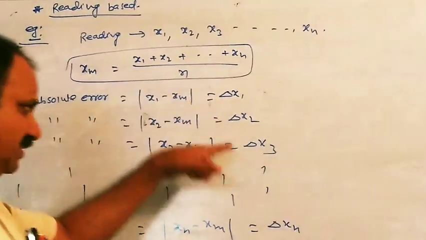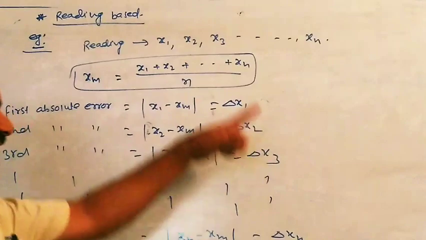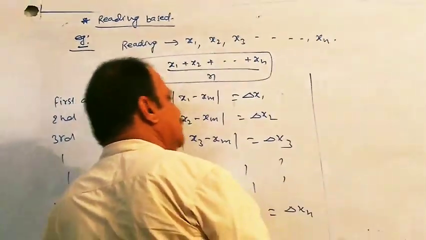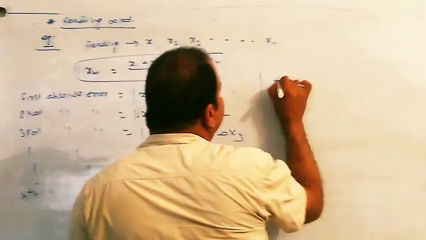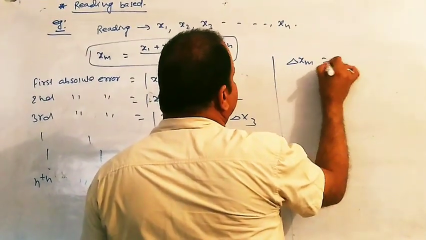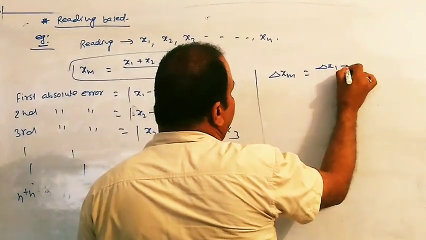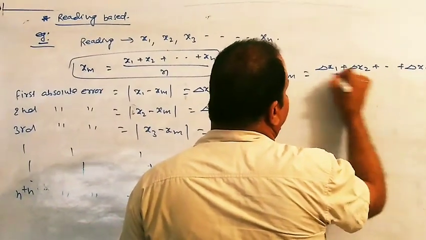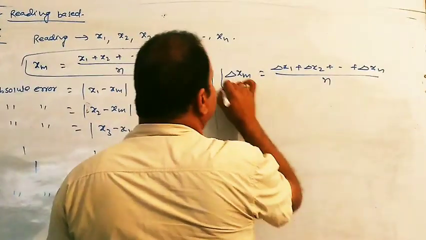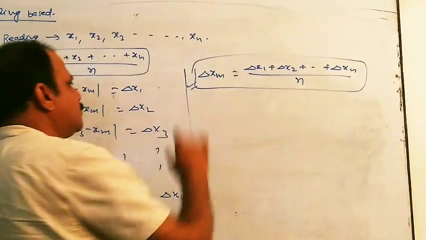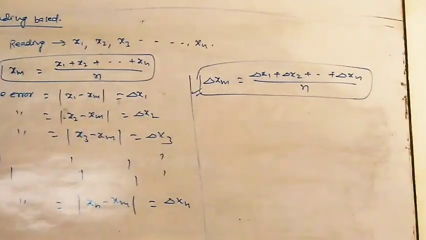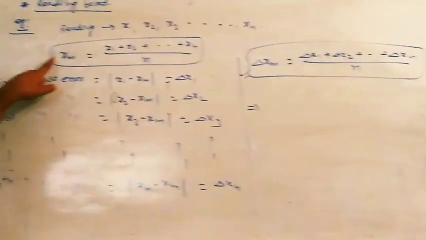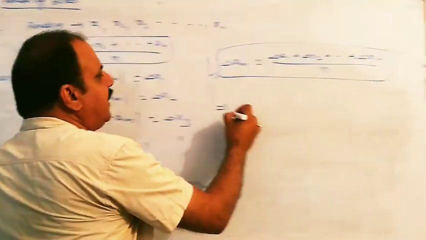तो ये सब individual absolute error को नंबर ऑफ रीडिंग से डिवाइड करेंगे तब मिलेगा mean absolute error. So the mean absolute error delta xm is equal to delta x1 plus delta x2 up to so on delta xn divided by n. This is called mean absolute error. And when we divide this mean absolute error with mean value, we get relative error.